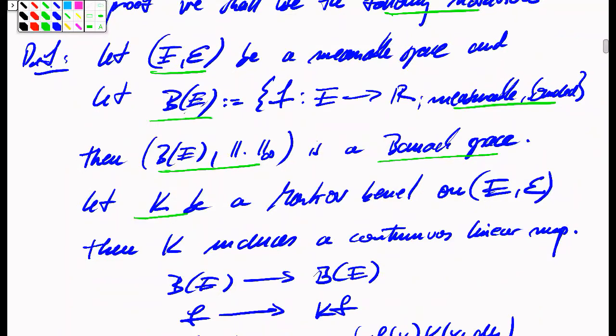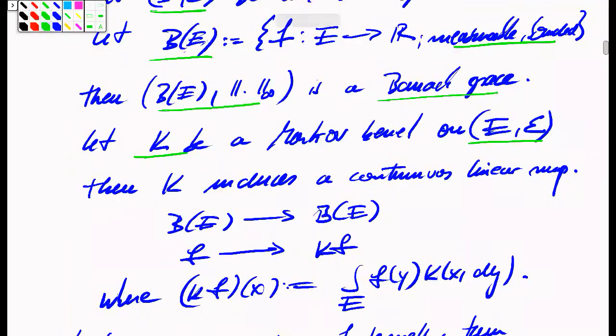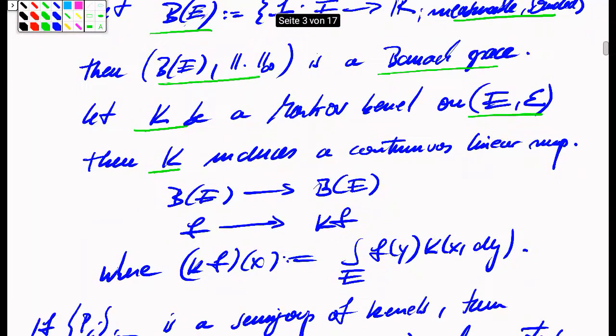And if we have a Markov kernel, so just a transition kernel, on this measurable space, then we can also induce with this Markov kernel an operation on the functions. Namely, we take a function f and we use the kernel k to convert the function into a new function. And it does the following.